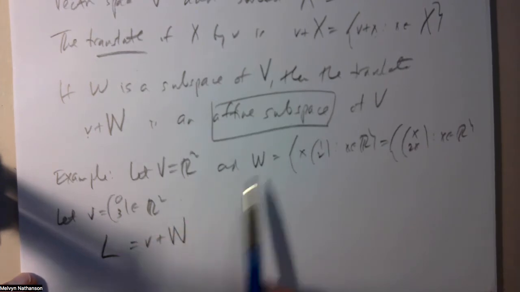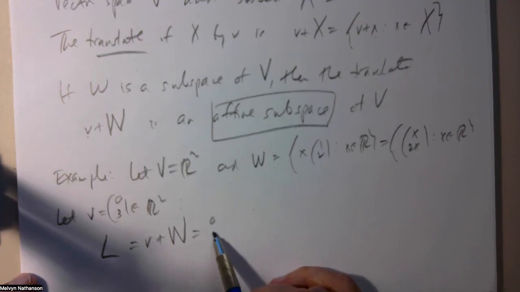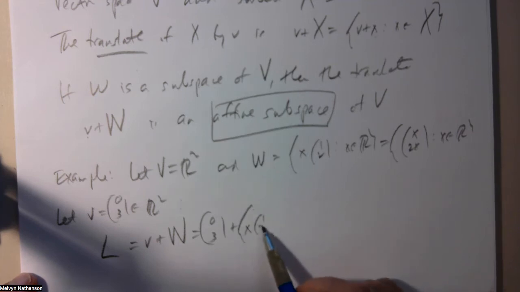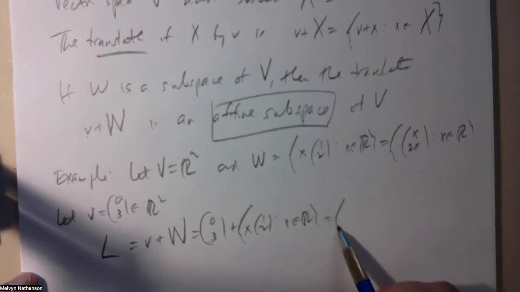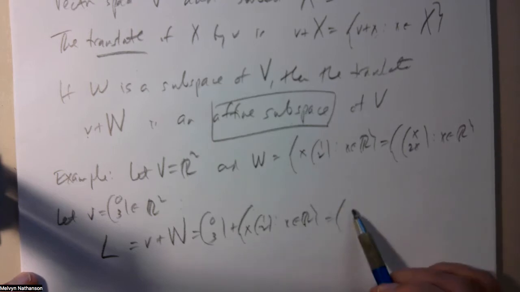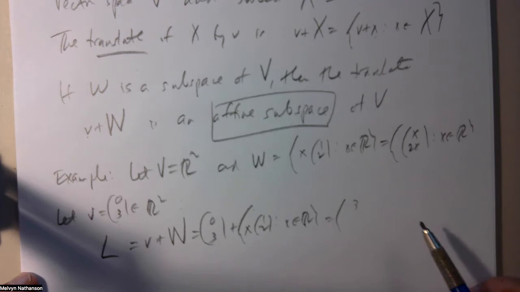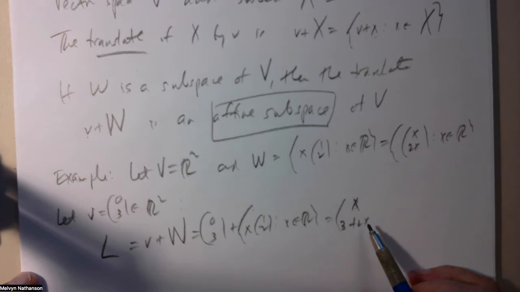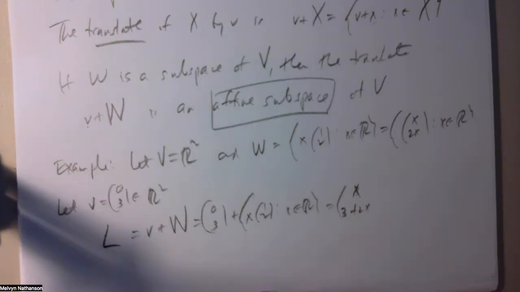This is the vector v, this is W. So that's the vector (0, 3) plus the set of all vectors of the form (1, 2) times a scalar. Well, if we do this addition, this is (x, 3 plus 2x), or let me write that as 2x plus 3.